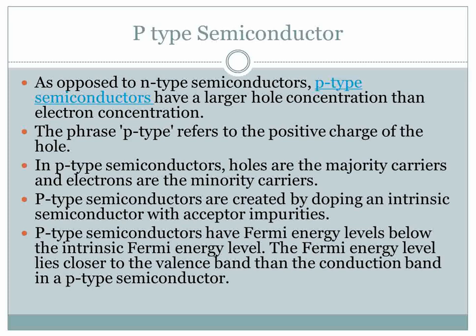The third group element has 3 free electrons, so it can accept an extra electron to complete a covalent bond. That's why these third group elements are acceptor impurities.